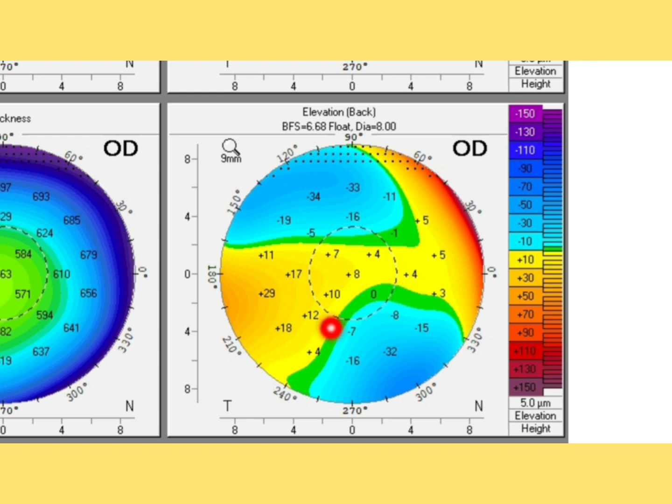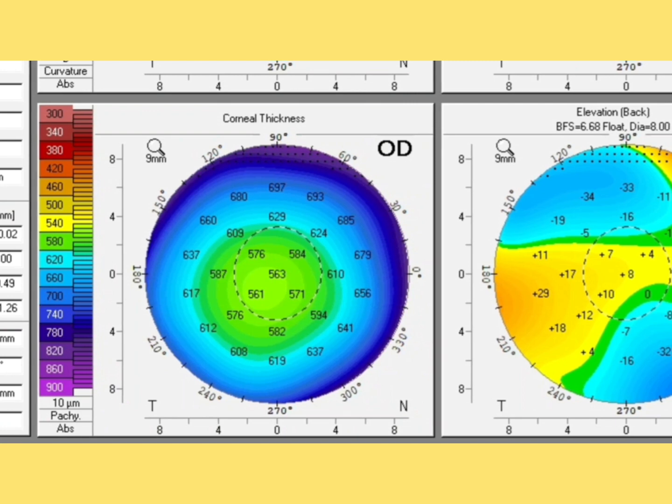So for this central 3 mm zone, the point should be less than plus or minus 18, but it is borderline. And you see this is plus 17, this is minus 16, so the difference is borderline, but still it's quite suspicious.